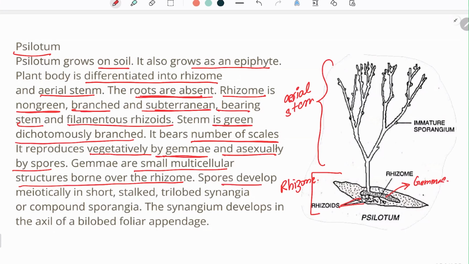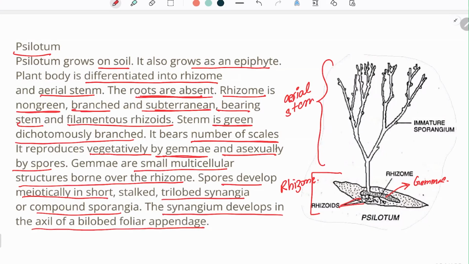Spores develop meiotically in short-stalked, trilobed synangia or compound sporangia. The synangium develops in the axil of a bilobed foliar appendage.